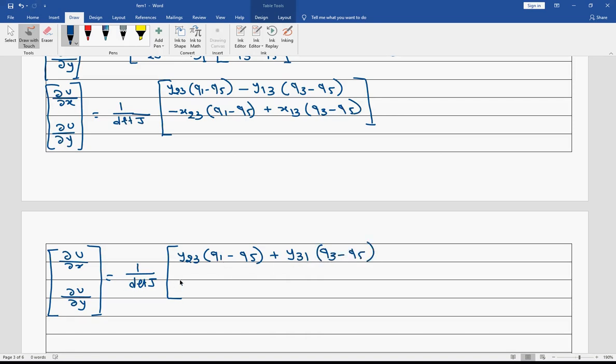So I just eliminated the negative sign. Then x32 q1 minus q5 plus x13 q3 minus q5. So there is no negative sign, and it will be a lot easier for me.